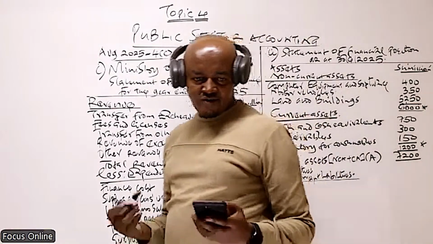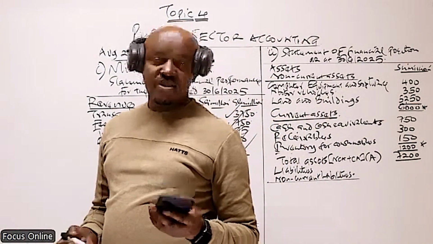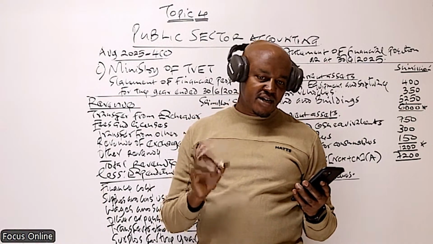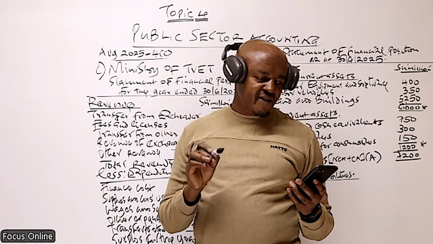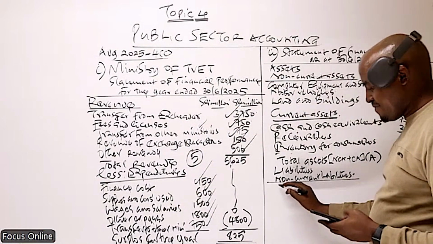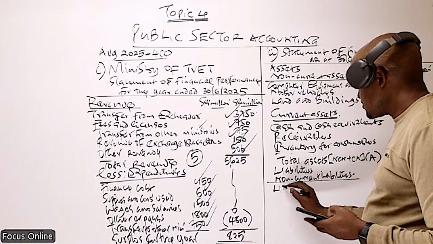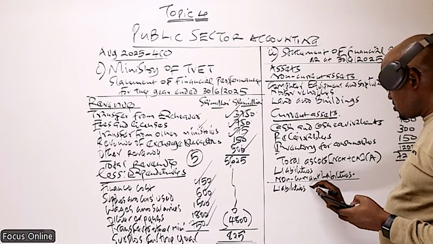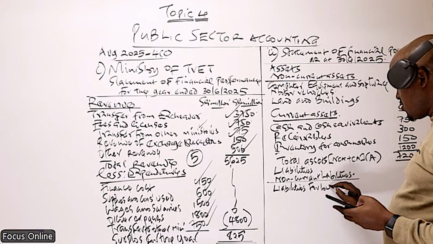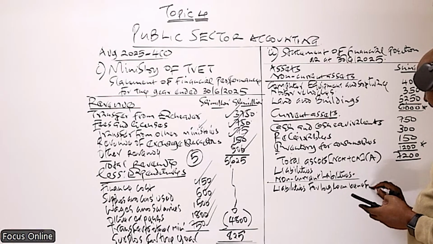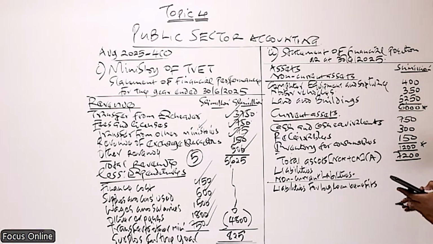And I think we have two basically up there. The first item is transfer from exchequer fees and licenses. And then below that, we have liabilities for long-term benefits. That is a non-current liability, which is basically 300.